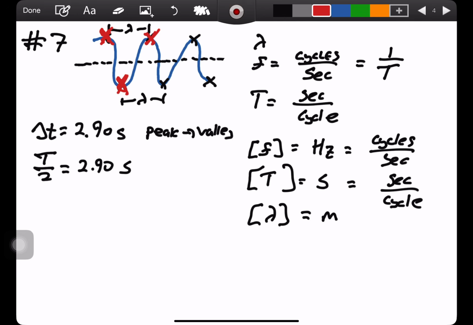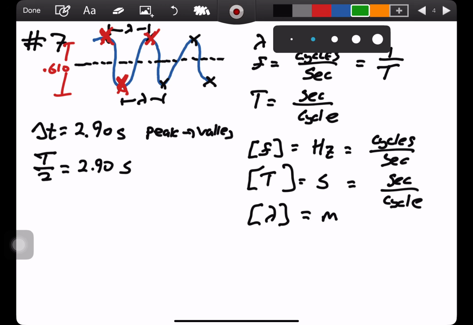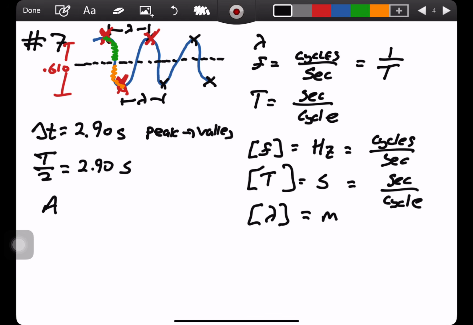Now, here's the key. So 0.610 is the distance from here to here, but the amplitude is from equilibrium to peak or from equilibrium to valley, which is to say that the amplitude A is equal to 0.610 divided by 2.